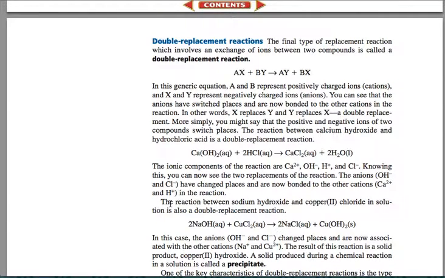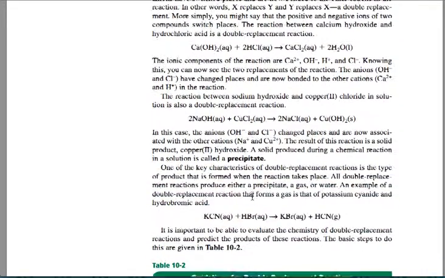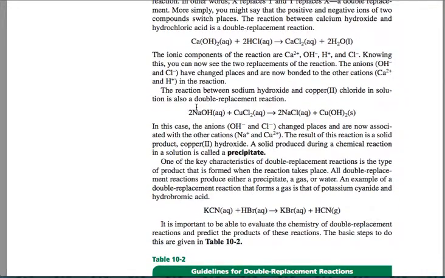The reaction between sodium hydroxide and copper 2 chloride in solution is also a double replacement reaction. Okay, here again we have a compound plus another compound, and they react to produce two different compounds than the ones they started with.